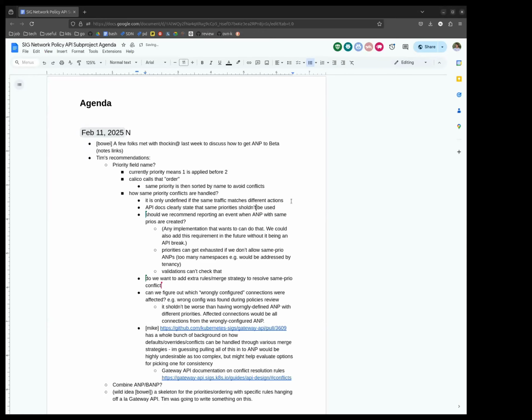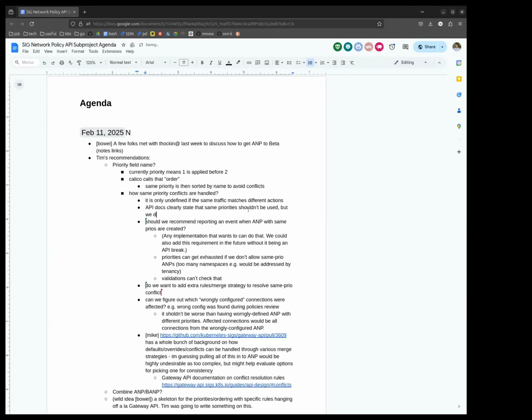Then you could have a baseline deny and a baseline allow above that, and a higher level deny, who knows what we call these tiers. The tier you place the policy into determines whether it is an allow or deny rule, and then within each tier, ordering doesn't matter because they're all either all allow or all deny.